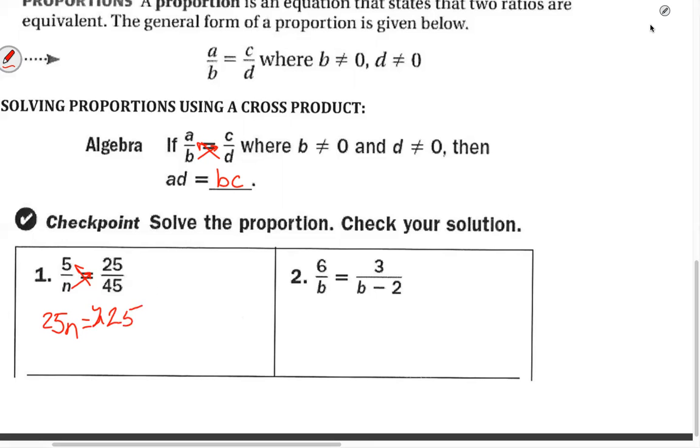And now we can divide by 25. And we get N equals 9. You okay with that?